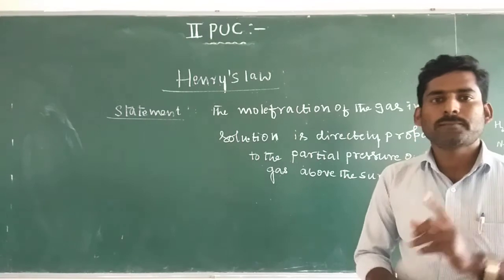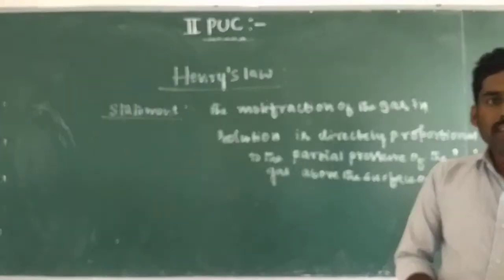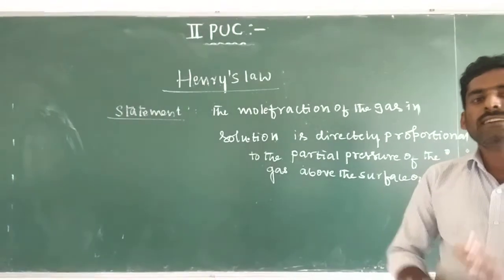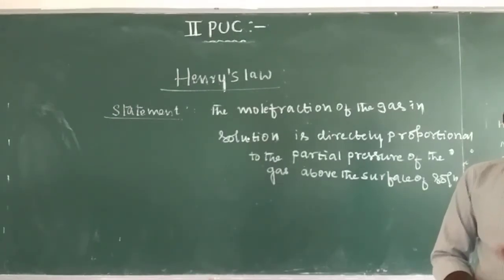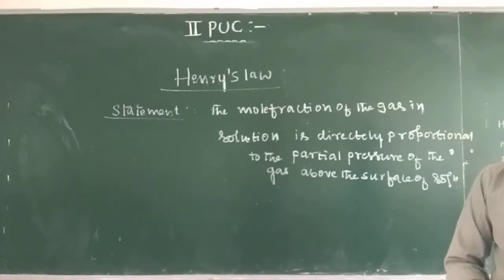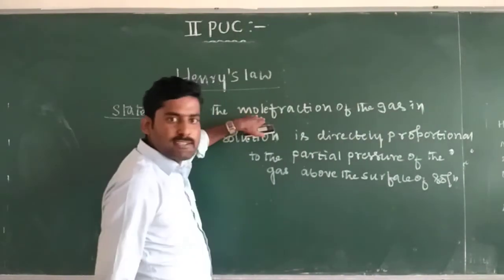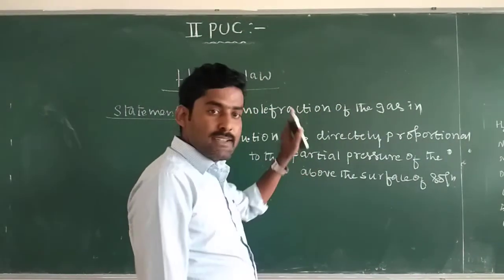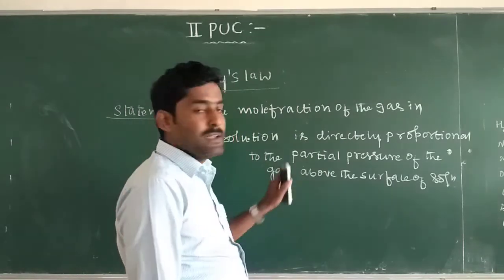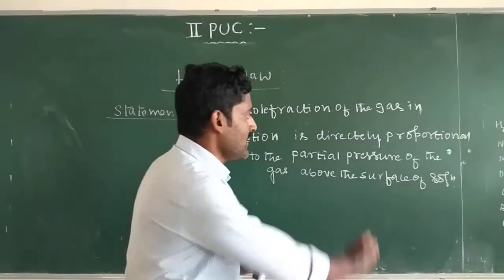At constant temperature, the solubility of the gas in liquid or solution is directly proportional to the partial pressure present above the surface of the solution or liquid. Or it also states that the mole fraction of the gas in solution is directly proportional to the partial pressure of the gas above the surface of the solution.